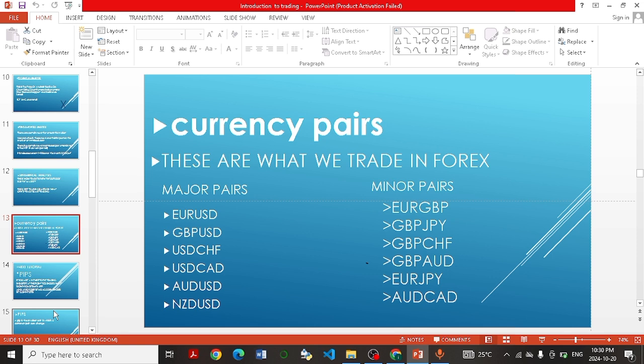AUD USD, that's the Australian dollar against the US dollar, and the New Zealand dollar against the US dollar, that's NZD USD.